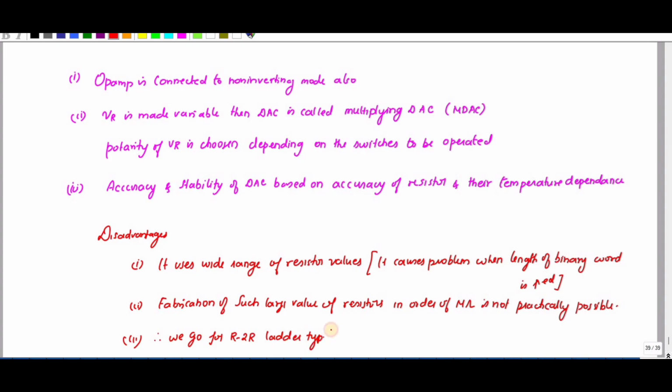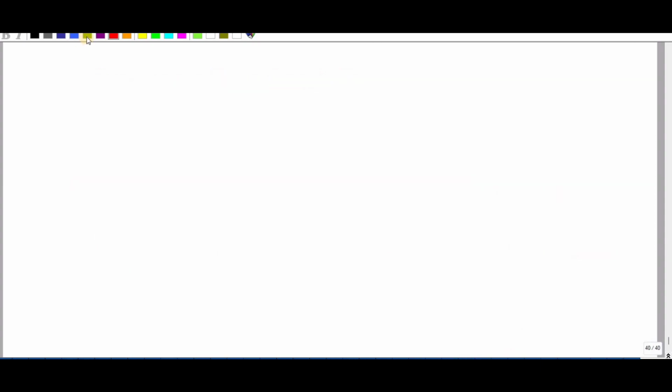Okay, we will not require 2 power n R resistors. Okay, so by using that type, we can eliminate this problem, and it is really practical. Okay.